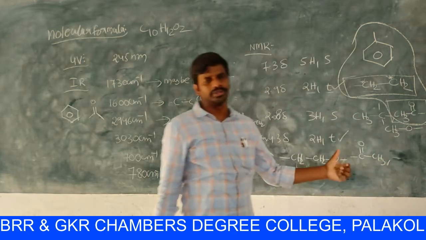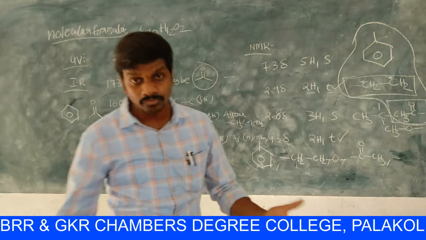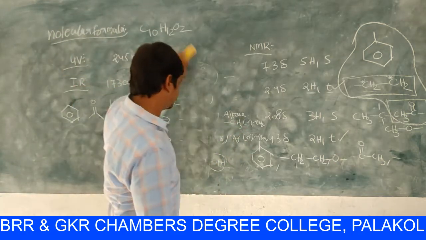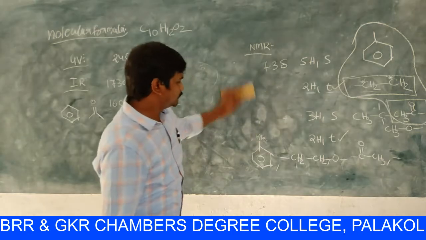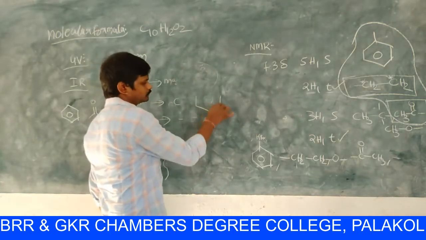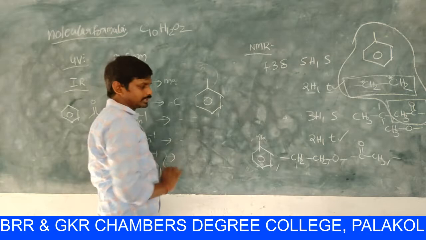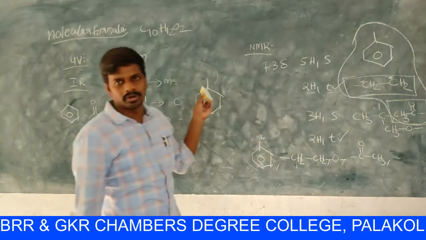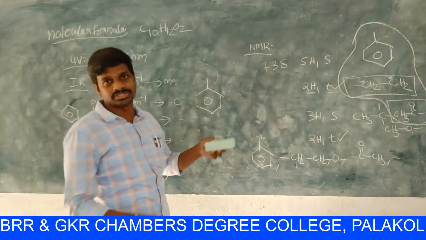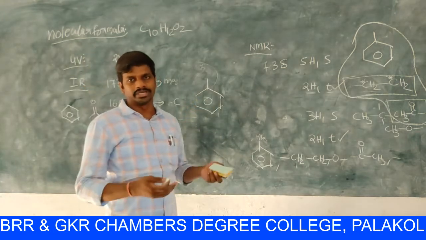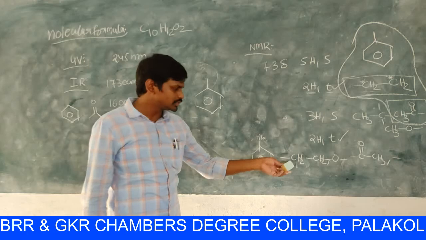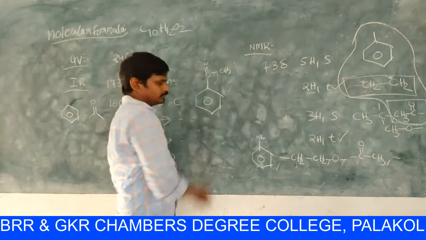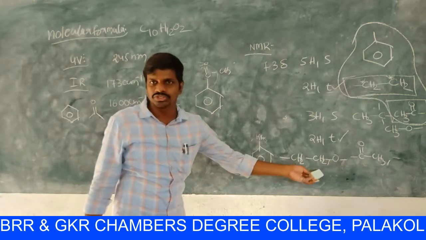Now let us connect one unit with another unit without disturbing the multiplicity. So now write the monosubstituted benzene ring. If I connect this C double bond O CH3 to the benzene ring, then the structure is concluded, and we are left with CH2 CH2O, because there is no position to attach CH2 CH2O.